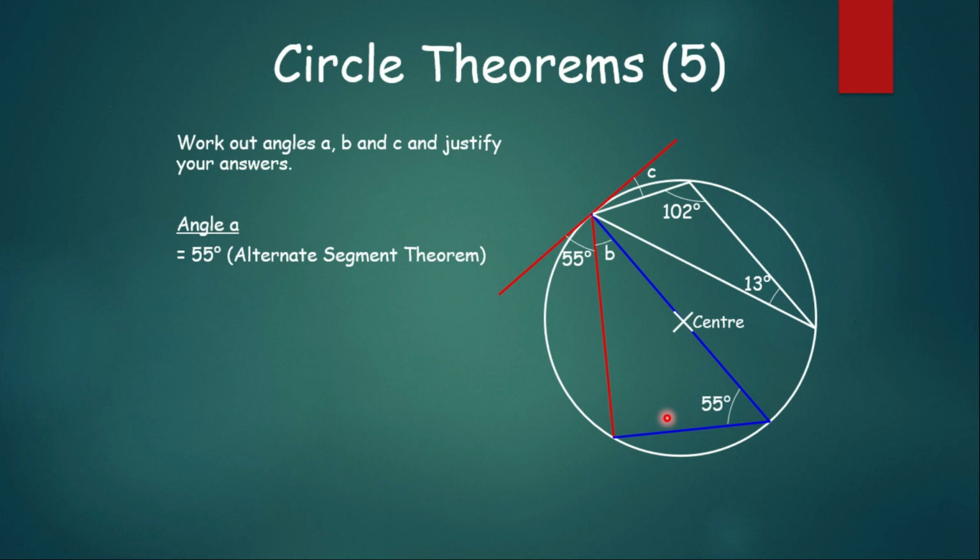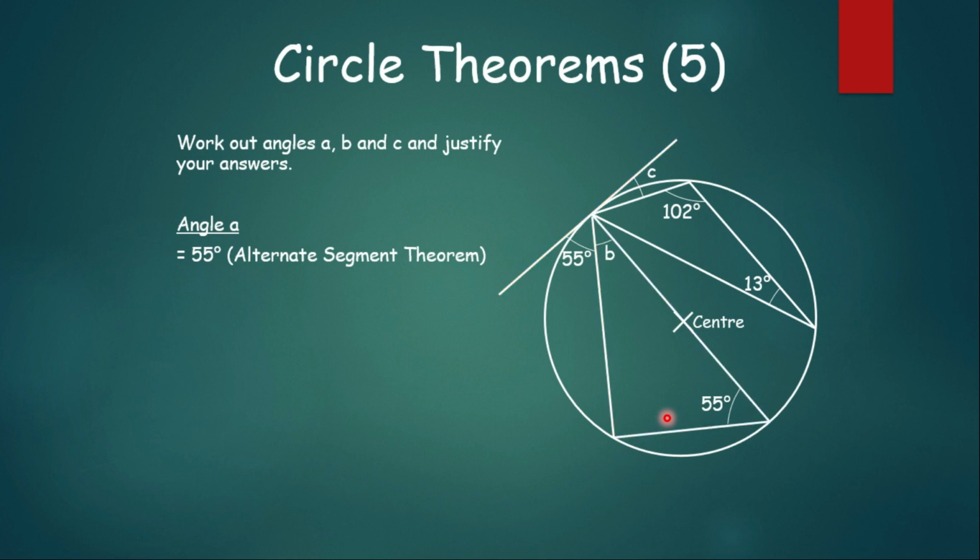Now, we want to get B. But getting B is very simple. We know that this line here is a diameter because it's passing through the center. The angle subtended at the circumference by the diameter is 90 degrees.